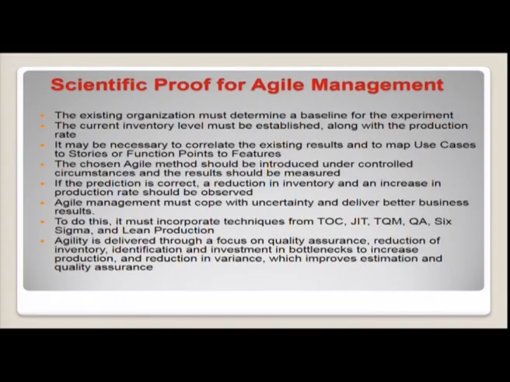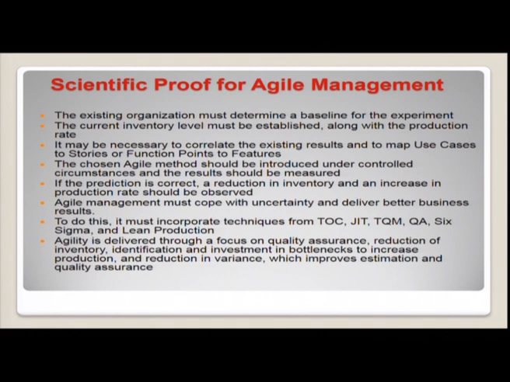To do this, it must incorporate techniques from theory of constraints, just in time, total quality management, quality assurance, Six Sigma and lean production. Agility is delivered through a focus on quality assurance, reduction of inventory, and identification of and investment in bottlenecks in order to increase production, and reduction in variance, which improves estimation and quality assurance.